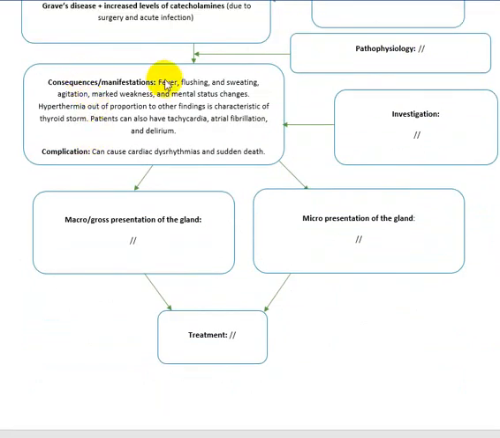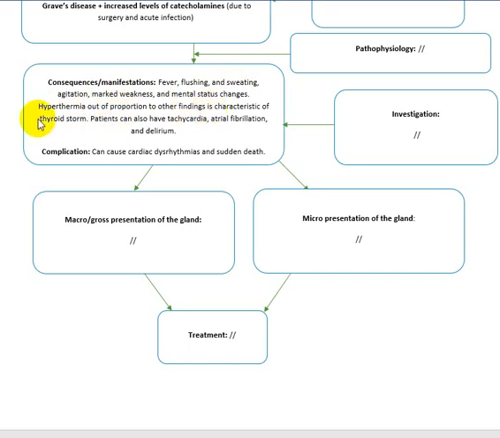Now the consequence, you have a rapid hyperthyroidism. In this case, you have the signs of hyperthyroidism. You have fever, flushing, sweating. These are all the signs of hyperthyroidism. You have agitation, marked weakness, mental changes, you are severely irritated, you have hyperthermia out of proportion to other findings.